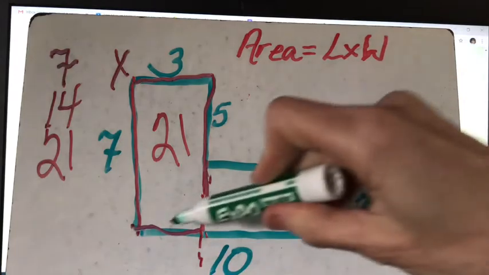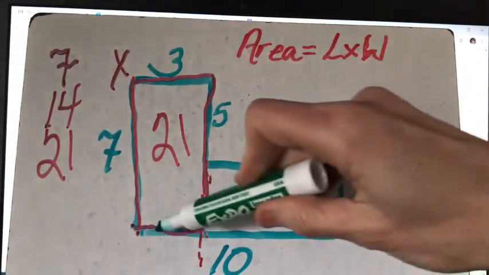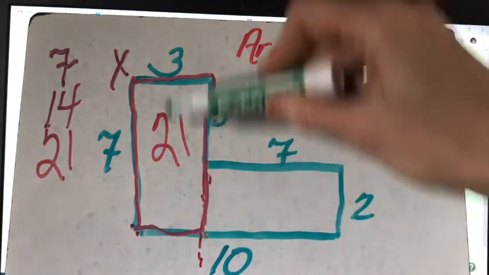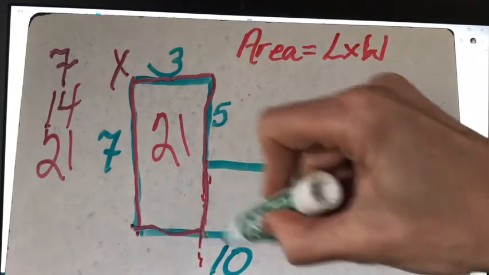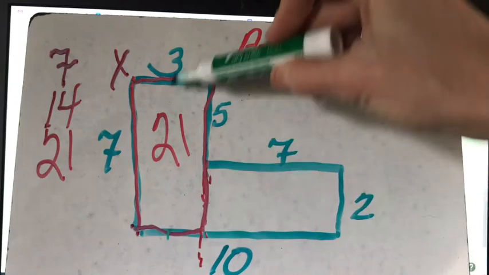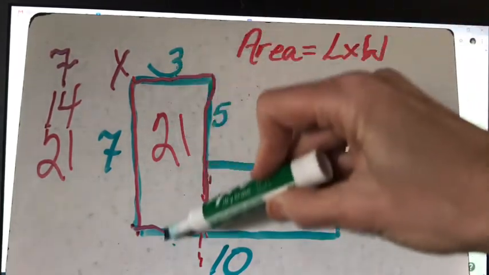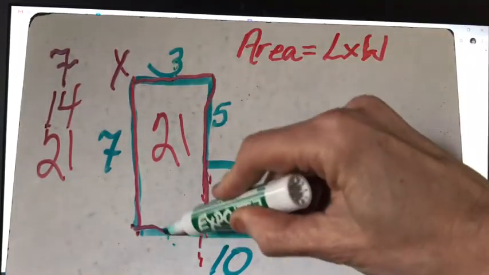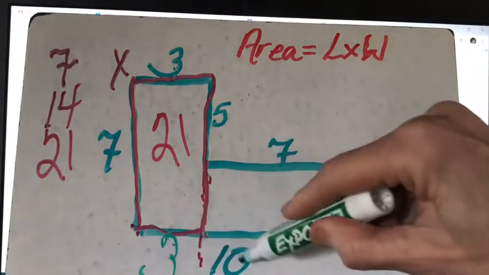So this whole line is 10, but I've taken 3 off of the 10. And how I know I've taken 3 off is opposite sides of a rectangle are equal. So if this up here is 3, this must be 3.